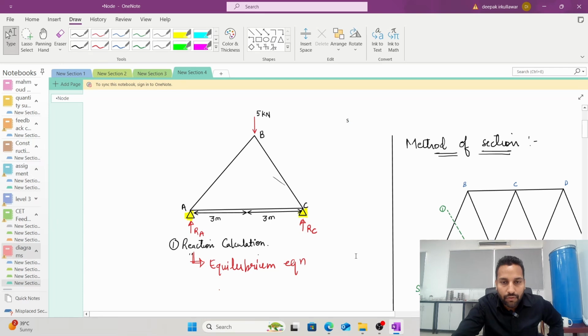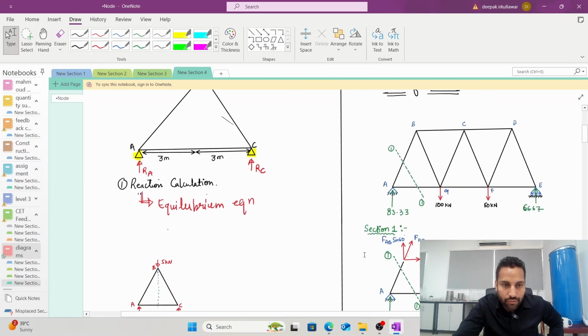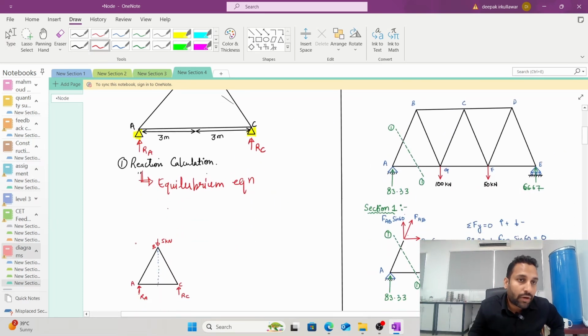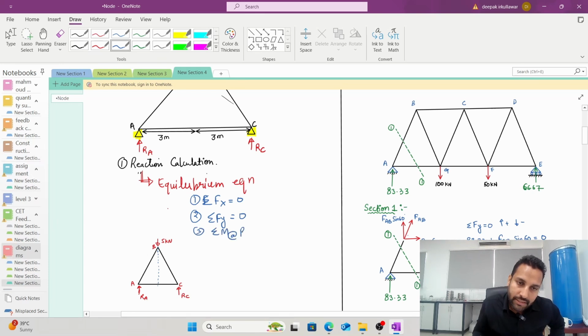To find the reactions, you need to go through the equilibrium equations. Now, what are these equilibrium equations? Generally, you have three equilibrium equations: summation of forces in the x direction equals 0, summation of forces in the y direction equals 0, and the third one is summation of moments at a point equals 0.